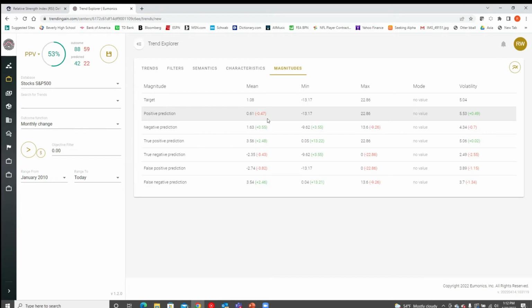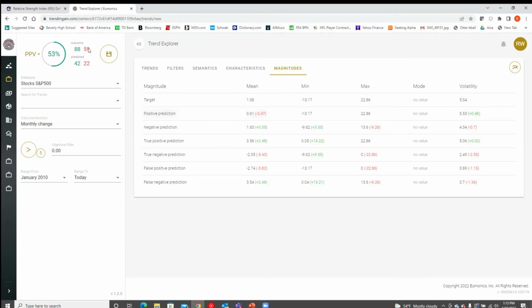Our theory is that if the relative strength index is greater than 70, that means the stock price is going to go down. Well, now what I'm seeing is that there's actually various interpretations of that.